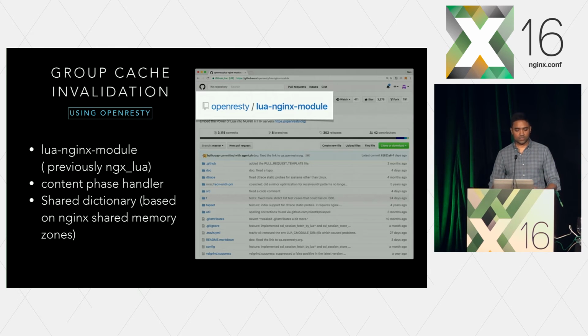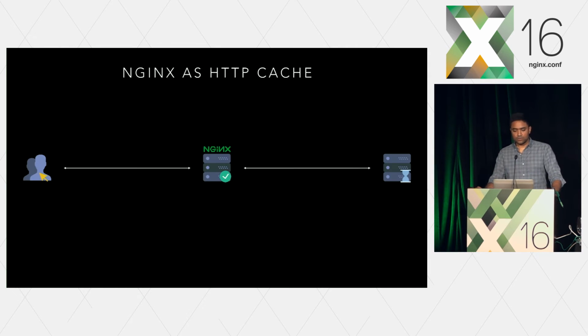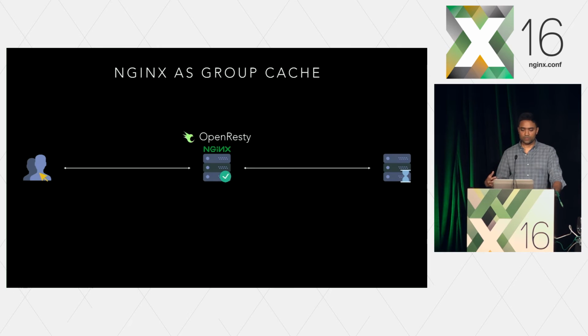And then another feature it exposes called shared dictionary, which is basically a memcache-like storage within Nginx available in Lua. So if we go back to the slide earlier where we looked at Nginx as a cache, we replaced that with OpenResty, which is basically still Nginx under the hood.